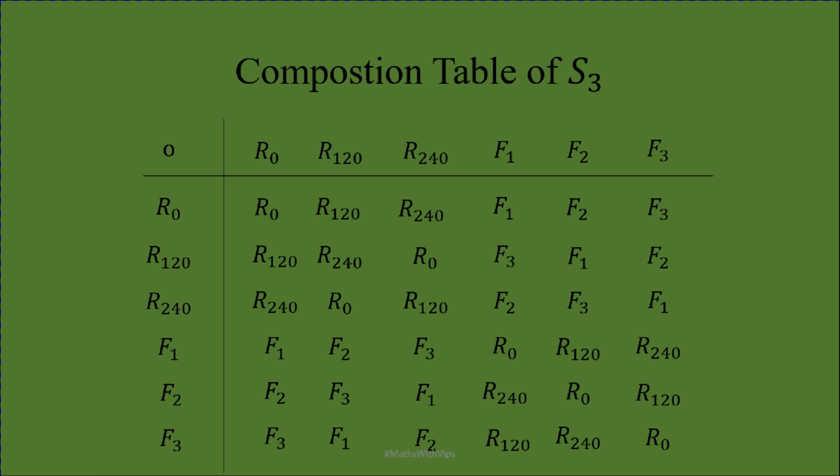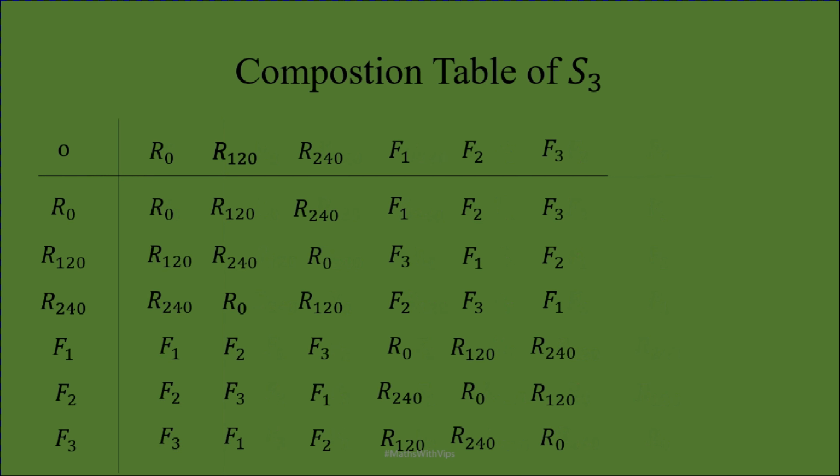Let us move on to the next one, that is identity. Precisely, existence of identity. Observe the first row, the R0 row. If we begin multiplying R0 with the first column R0, we have R0, then R0 multiplied by R120 is R120, R0 multiplied with R240 is R240, R0 with F1 is F1, R0 with F2 is F2, and R0 with F3 is F3.